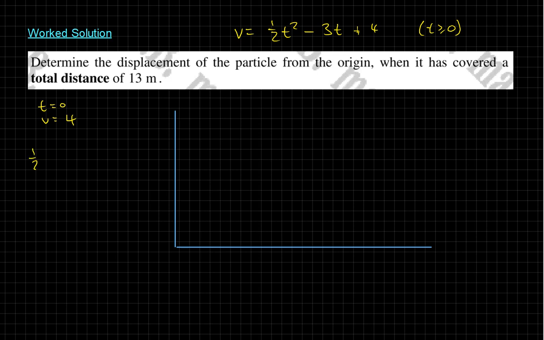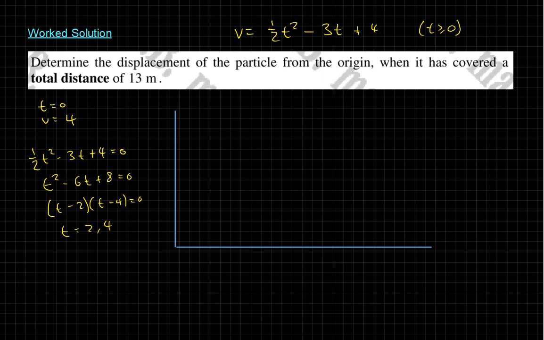So a half t squared minus 3t plus 4, if I equate that to 0, that quite easily factorizes. And therefore I have that t equals 2 and 4, when the velocity is 0.